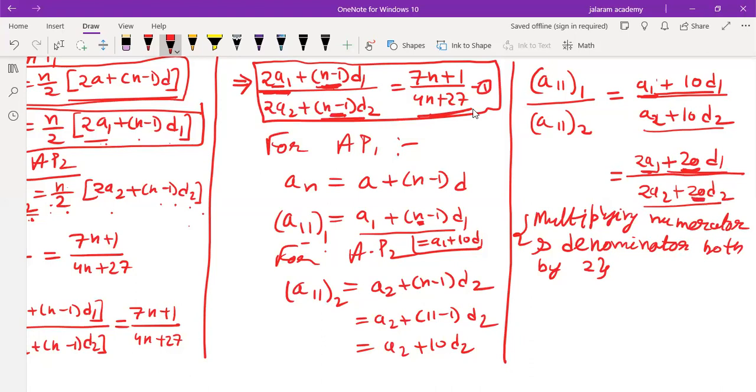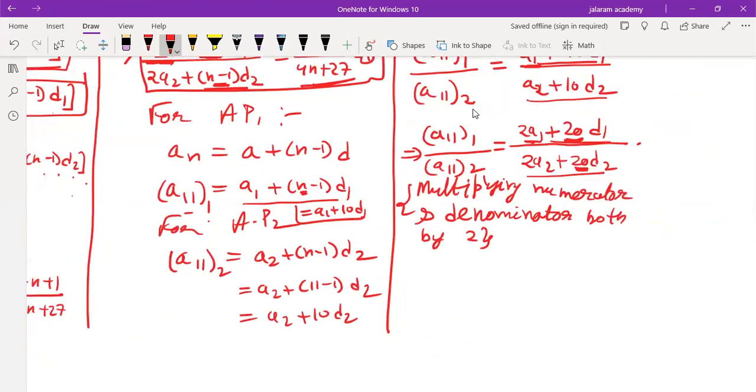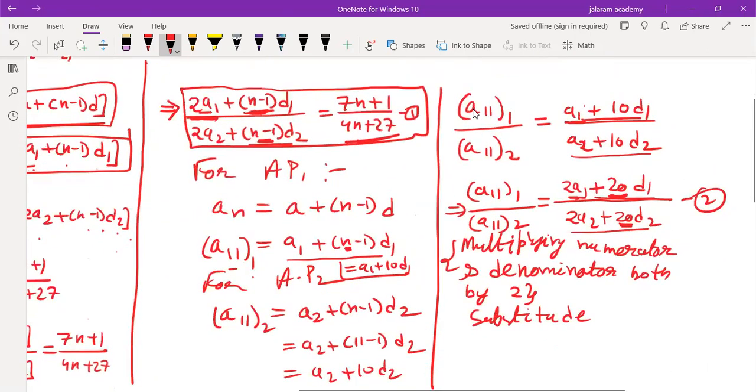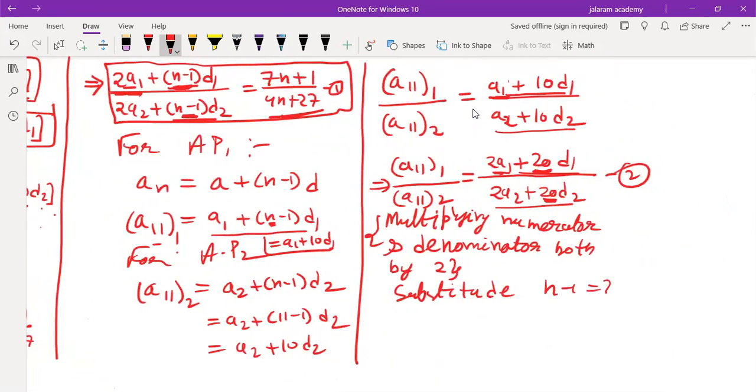So now we leave this result, the ratio of the 11th term of the first AP to the 11th term of the second AP, as equation number 2, and substitute, as we already have discussed, 20 in place of n minus 1 in equation number 1.